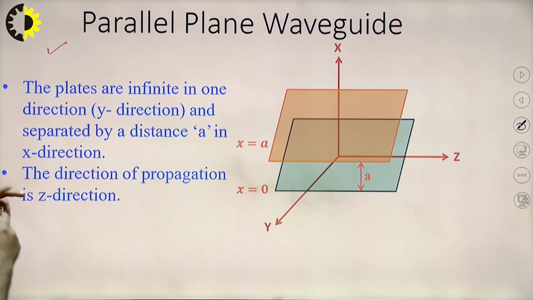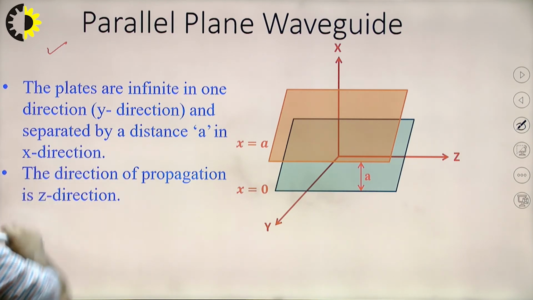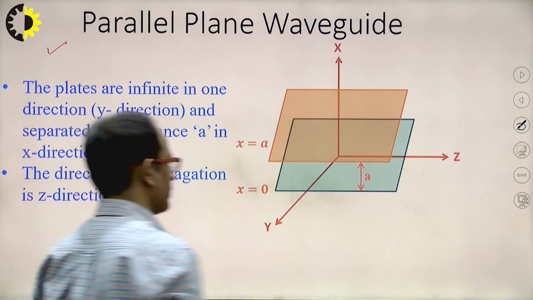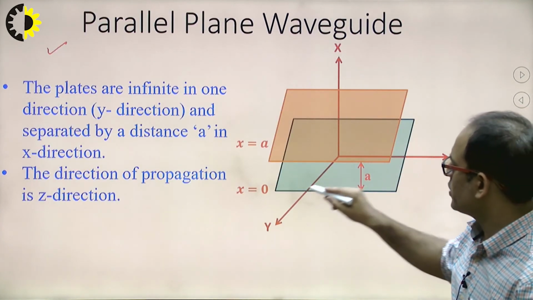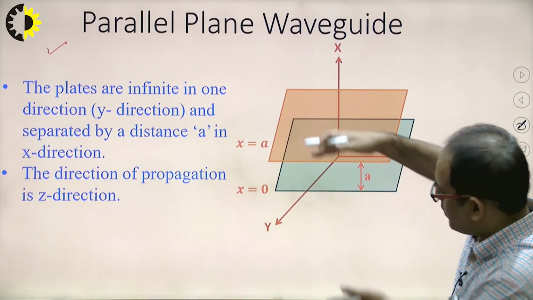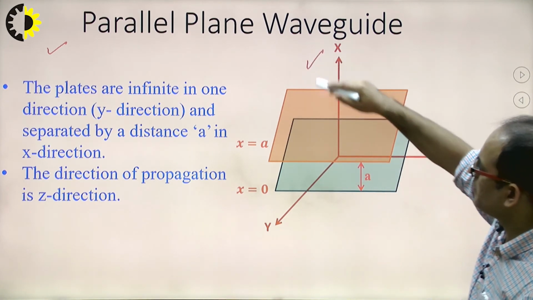The plates are infinite in one direction, that is the y direction, and separated by a distance in the x direction, that is this one. If I say this is the xy plane, one plane is here and this one is the other plane, that is known as the parallel plane waveguide.